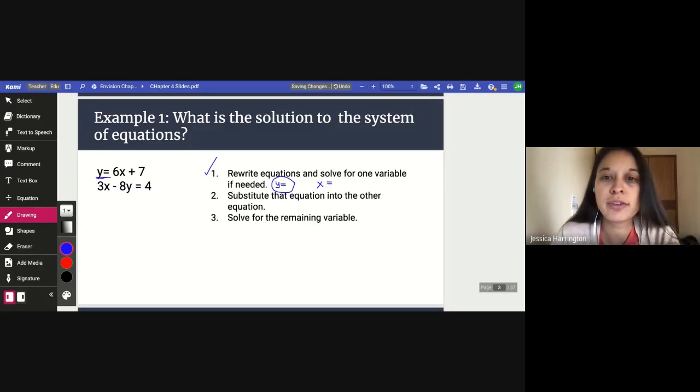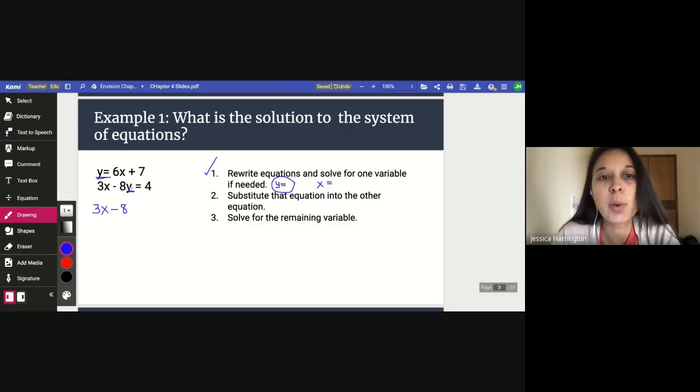All right, substitute that equation into the other equation. Okay, so what I know is y equals all of this. So I can take this and plug it in for the y in the other equation. See that y there? I'm going to write all of this instead of that y. So what do I mean? First, I'm going to write 3 times x minus 8.